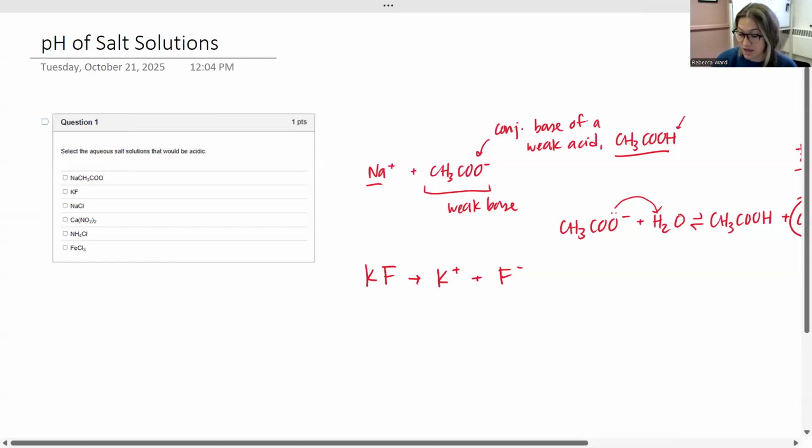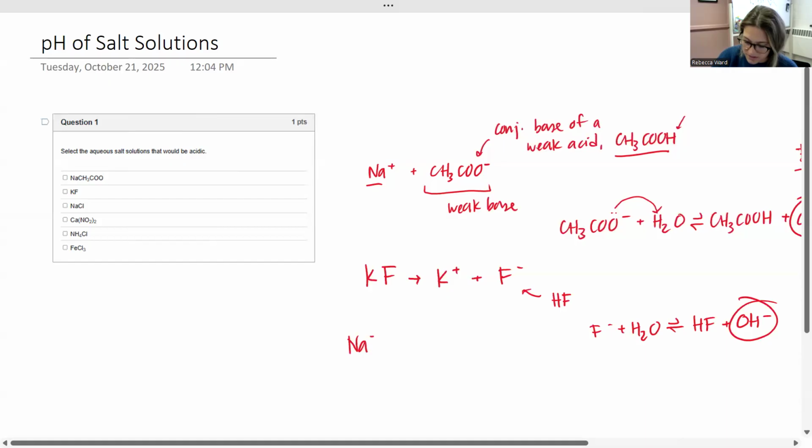So that doesn't do anything. F minus is, again, same story, the conjugate base of a weak acid. And so we're going to have a similar reaction where we're going to produce a little bit of HF and some OH minus. This is the important actor here. That means we're going to have a slightly basic solution. Okay, so KF is also not an answer.